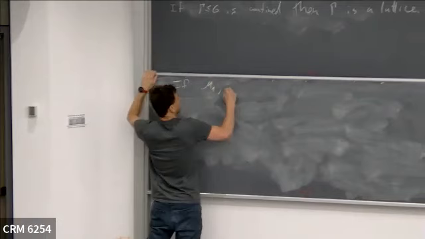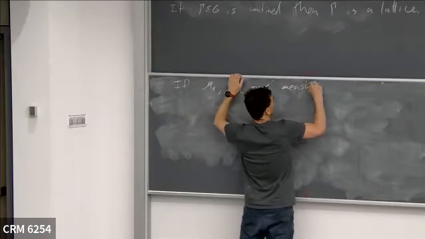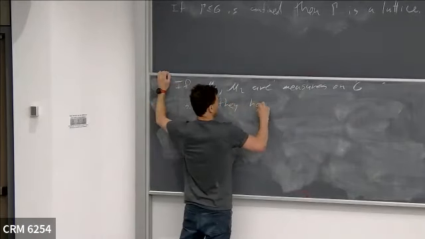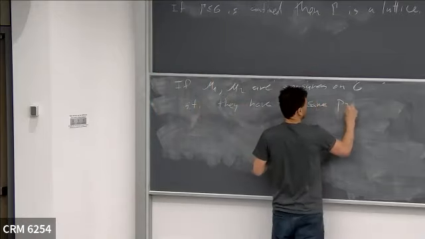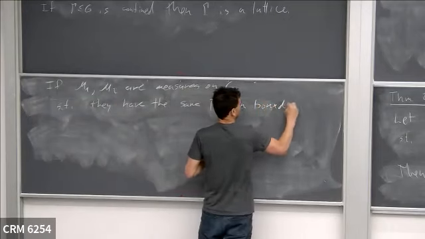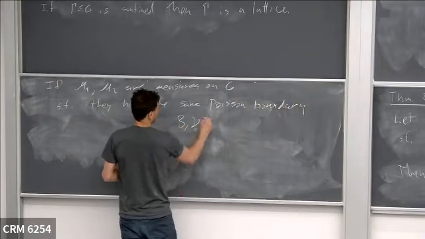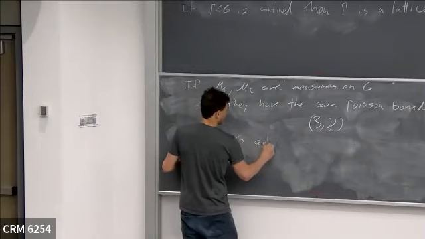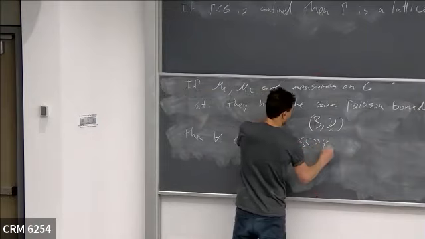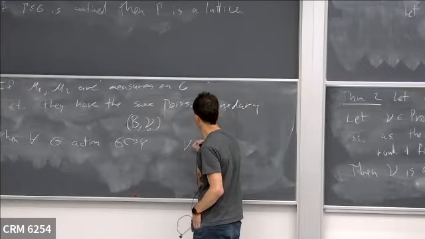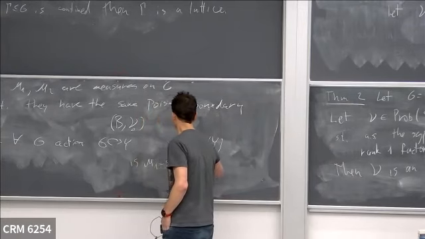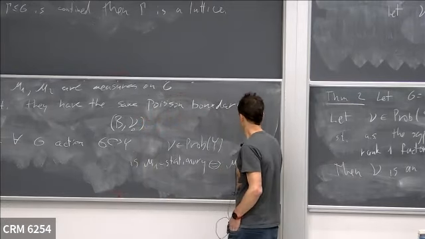If mu1 and mu2 are probability measures on G such that they have the same Poisson boundary, let's say B, nu 0, both of them have the same Poisson boundary, then for any G action, G acting on some space Y, a probability measure nu on Y is mu1-stationary if and only if it is mu2-stationary.